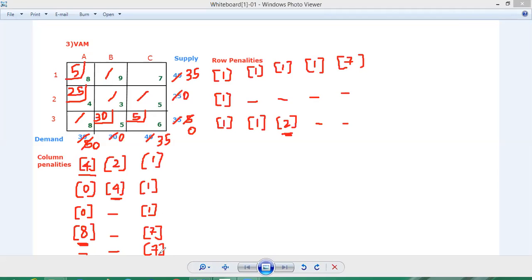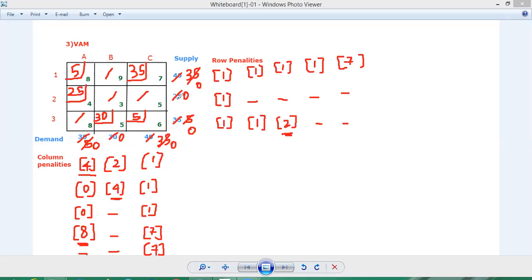Among the row and column penalties, both are the same, 7 and 7. So we allocate resources to this particular cell. This cell has a supply of 35 and a demand of 35, both are the same. So allocate 35 units of resources to this particular cell. Now this value will become 0.